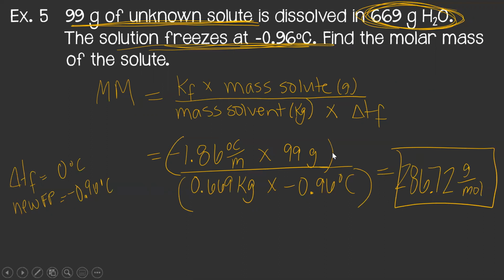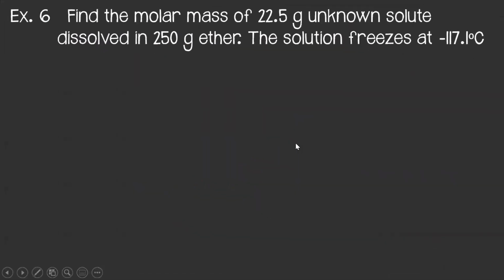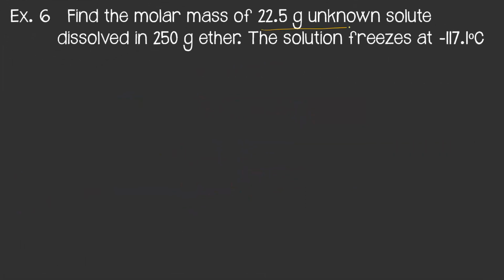Okay, try another one. So find the molar mass of 22.5 grams of solute dissolved in 250 grams of ether, and this is the solution's freezing point. Okay, so once again, I just like to have the equation on the screen to see it.